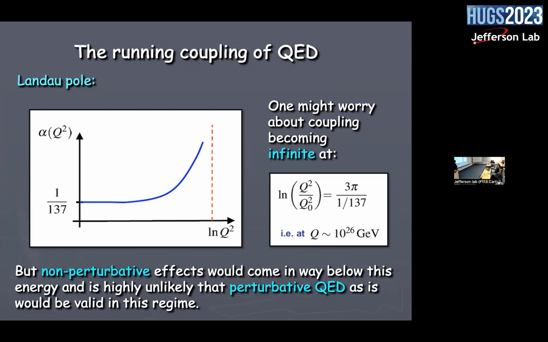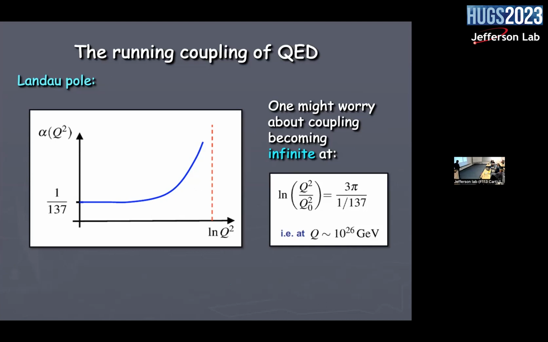So I really can't go there. As soon as I start approaching alpha around 1, my approximation breaks down, and all the perturbative calculation is no longer valid. So if I'm saying that I'm going to hit the Landau pole, I have to develop something else to see what really happens.